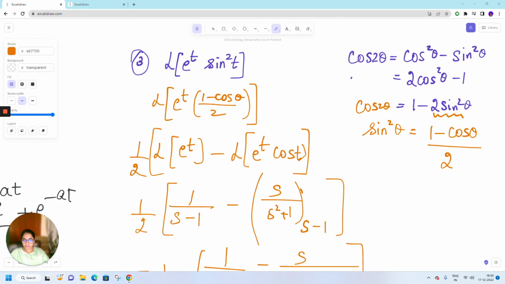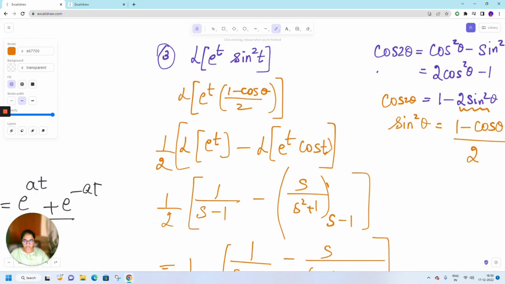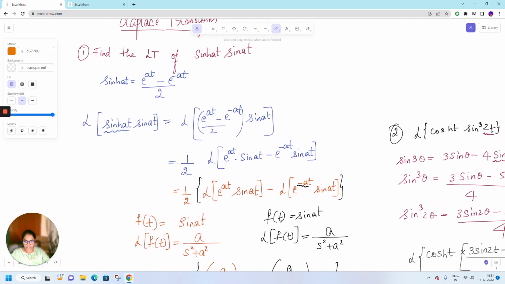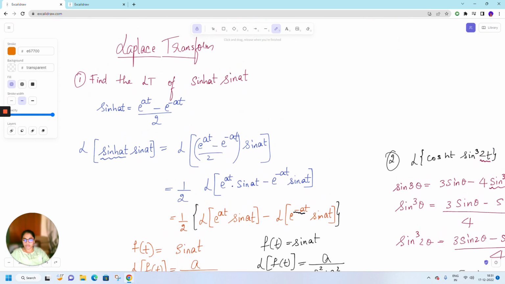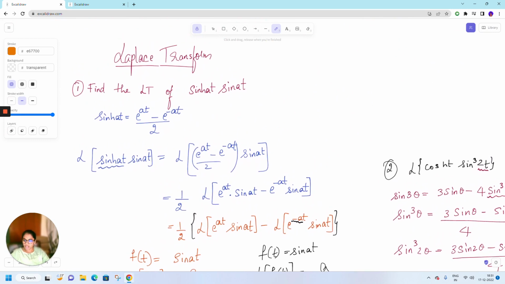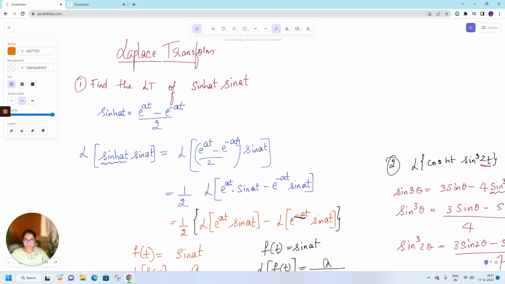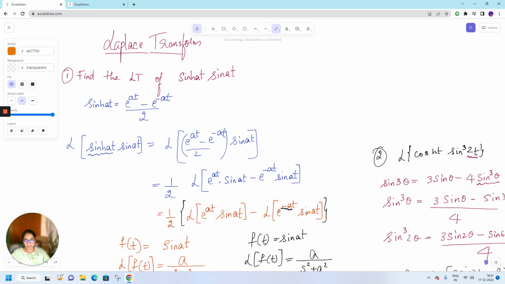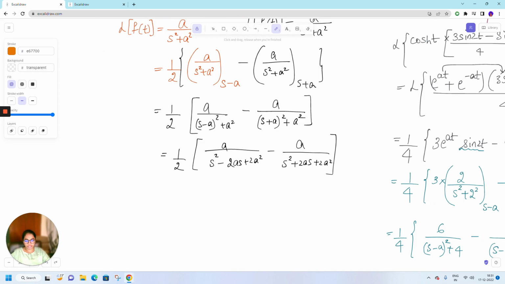Okay. So yes, what did we study in today's class? We studied how to find Laplace transform using shifting property. As you can see in the first problem, we had sine hyperbolic 2t into sine 2t. So I applied the sine hyperbolic 2t formula, that was e power 2t minus e power minus 2t divided by 2. Okay, and after multiplying and applying shifting property, this is what we got.